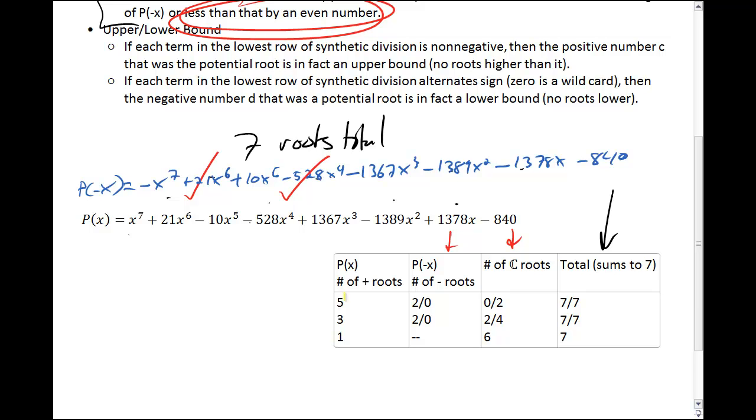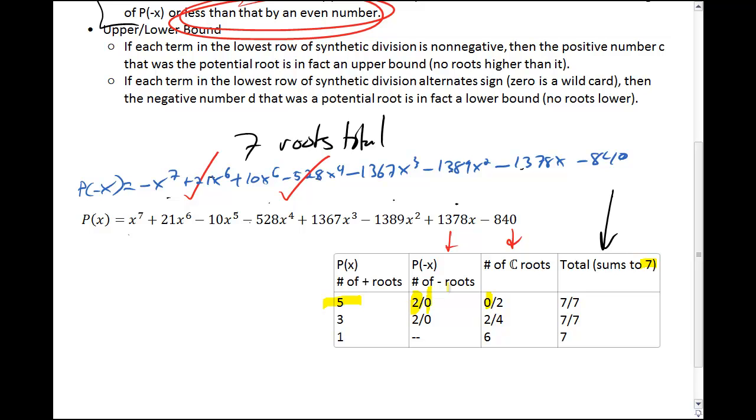So now we can work it out. If I have 5 positive roots, since I have 7 total, that leaves me with 2 to play with. I could either have 2 negative roots, in which case I'd have no complex roots because 5 plus 2 gives me 7 and there's no roots left.